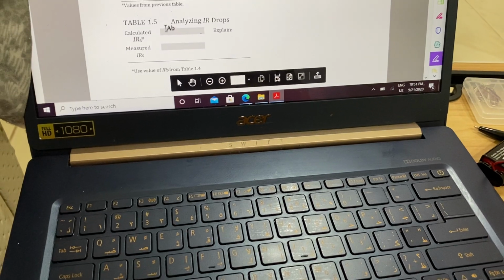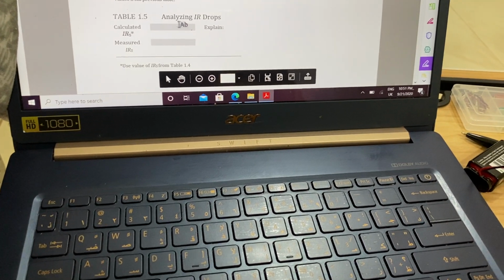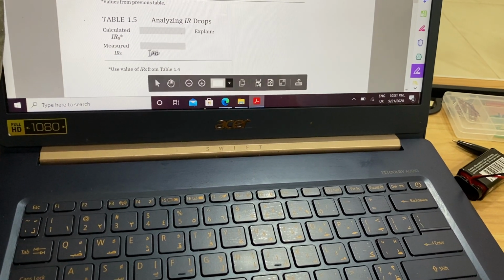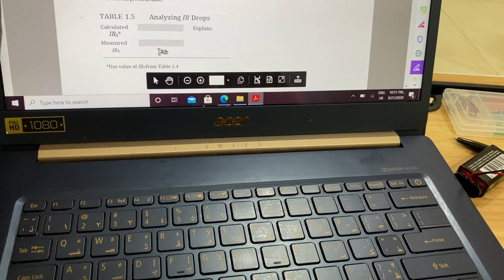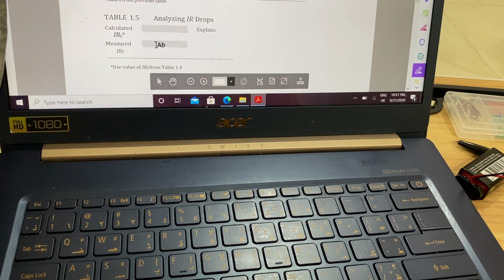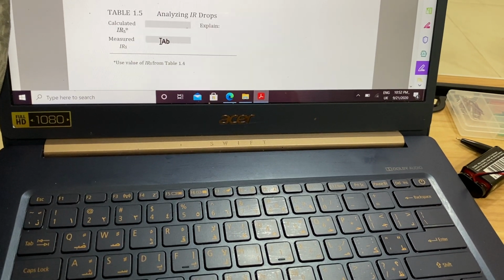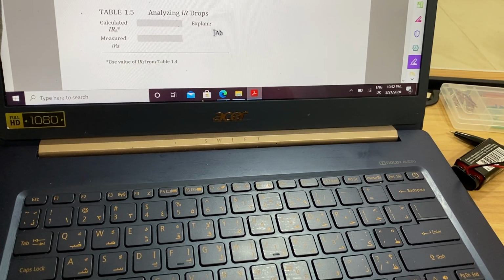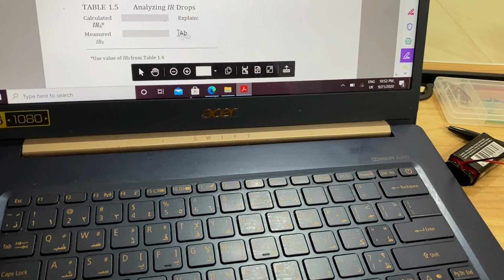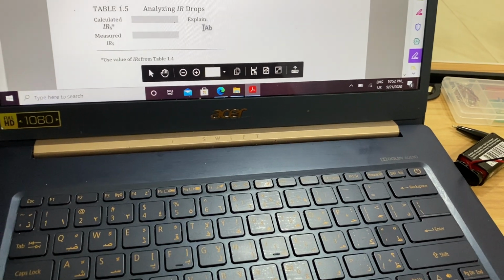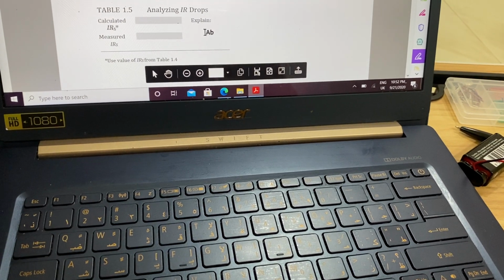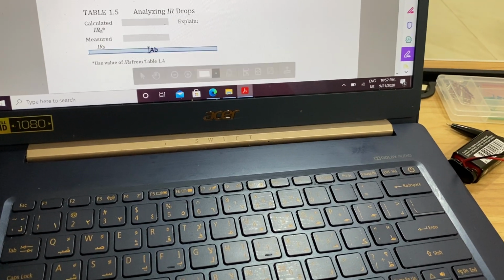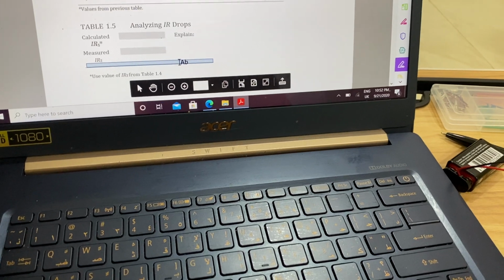So here you will put the subtracted result from the last table, and you will measure the voltage drop using the voltmeter, and you will compare these two results, and you will find out the percentage error and explain why, if there is any difference, there is some difference between these two measurements. Okay, so that will be the end of this part of the experiment.